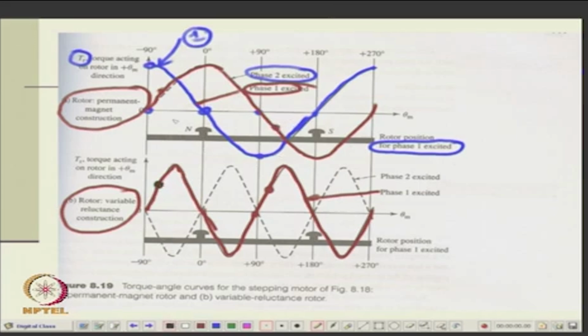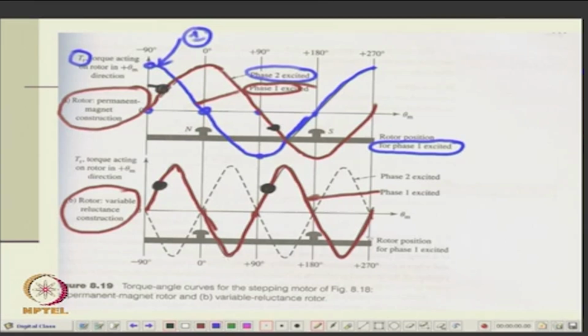Supposing at this position the PM experiences this torque, after 180 degrees it is opposite: this is a plus torque and this is a minus torque. Whereas in the case of VR, the same torque is experienced. So, there is a difference between PM and VR performance in terms of the torque experienced for a given theta, and the variation of torque.